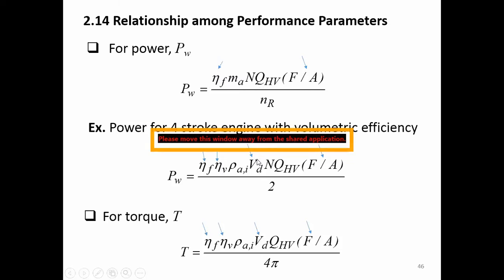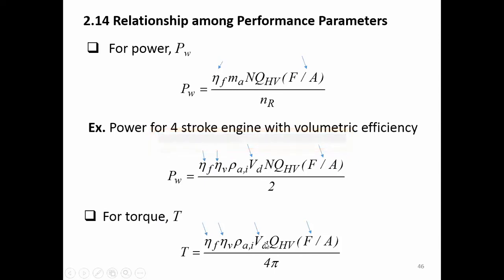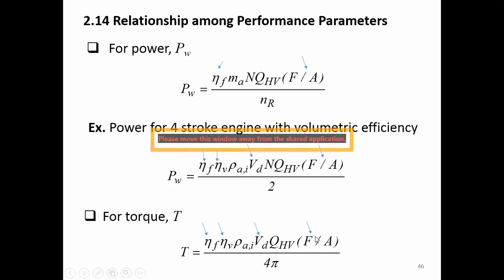Apart from the fuel conversion efficiency and the fuel air ratio, we see the volumetric efficiency come in here. For torque, we have fuel conversion efficiency, volumetric efficiency, engine geometry, and fuel air ratio shown right here, four parameters that involve.